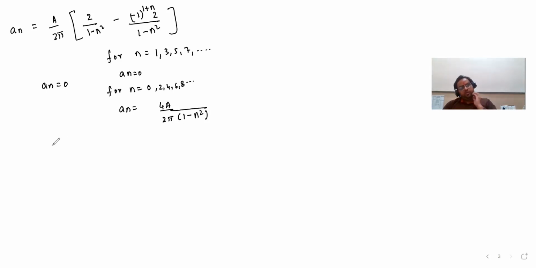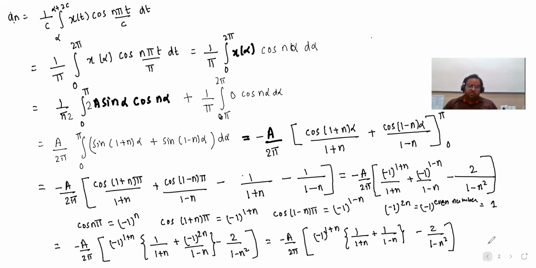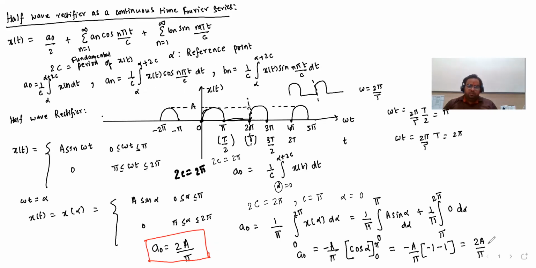So the final Fourier series will be x of t is equal to a naught by 2. So we can see that a naught by 2, we have here a naught is equal to a by pi.